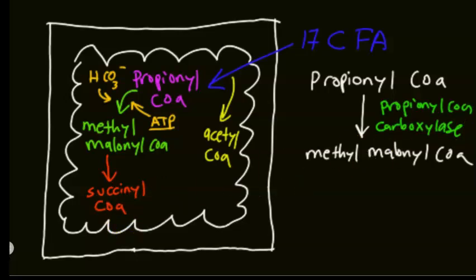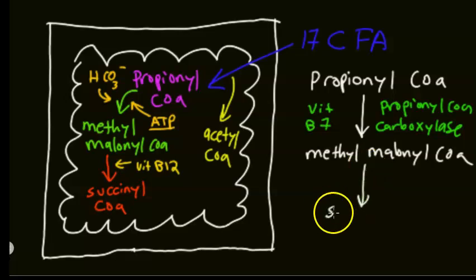And in this step, we actually require vitamin B12. And by the way, during the first step, during the carboxylation step, I didn't mention that, but we needed vitamin B7 as the coenzyme.